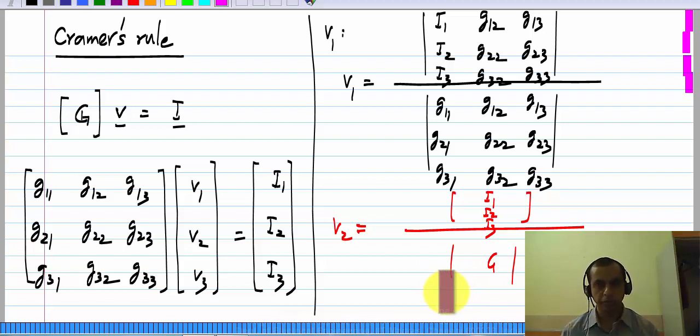So this is also sometimes useful. Again, for hand analysis, 3 by 3 is the most complicated that we would consider. For all other cases, if you have to solve for larger circuits with dimensions more than 3 by 3, you use a computer.